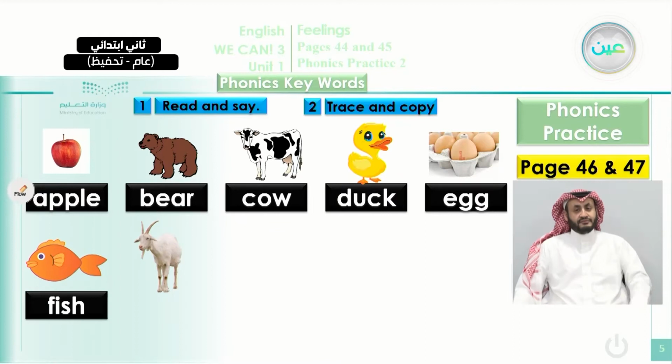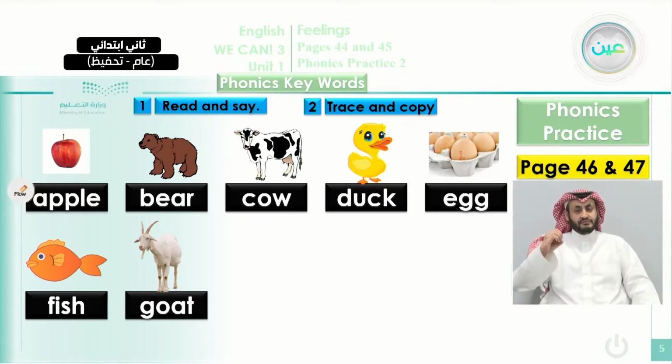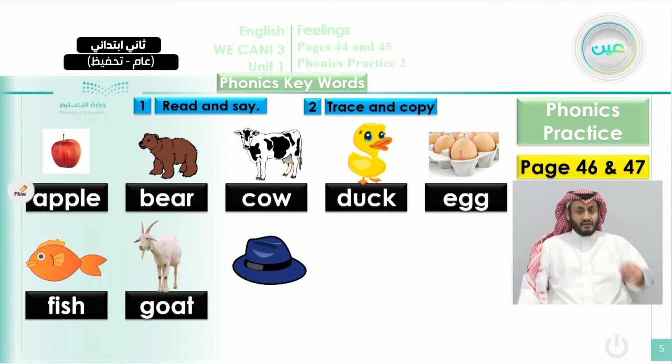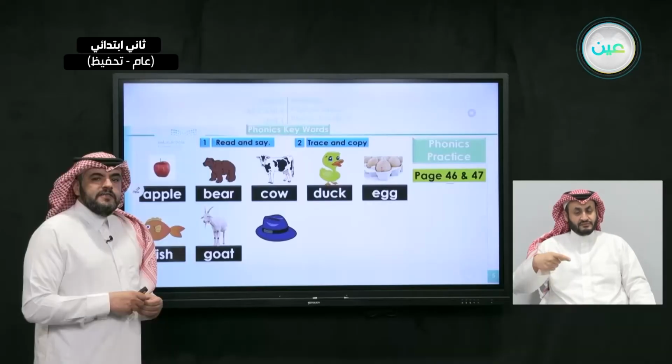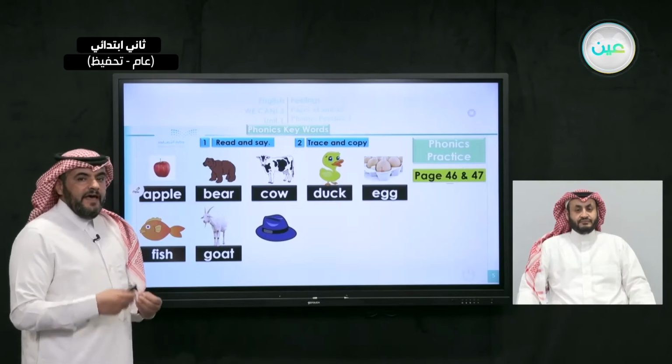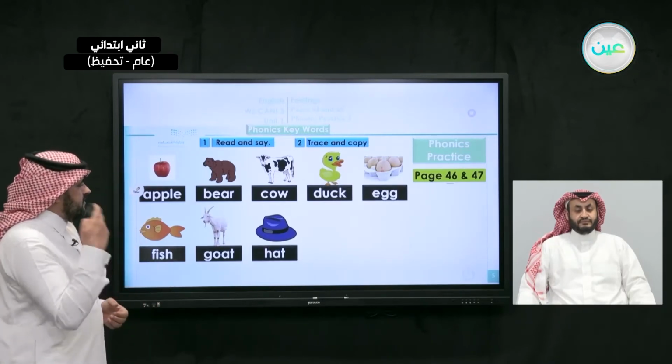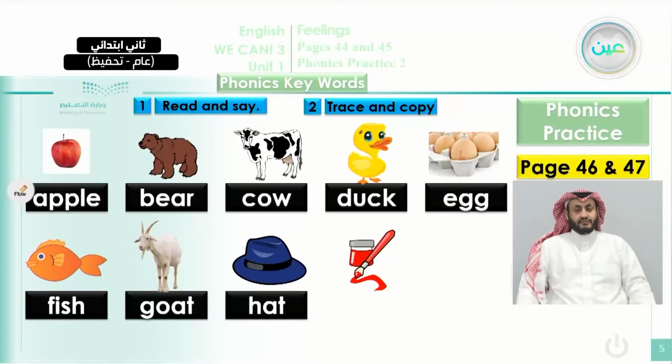And here also you can tell about this animal. What is it? Excellent. It is a goat. How do you spell goat? It spells like G-O-A-T. Goat. Okay. And here, what do you call this? We call it a hat. Very good. How do you spell hat? H-A-T. Excellent. And here we call this ink.